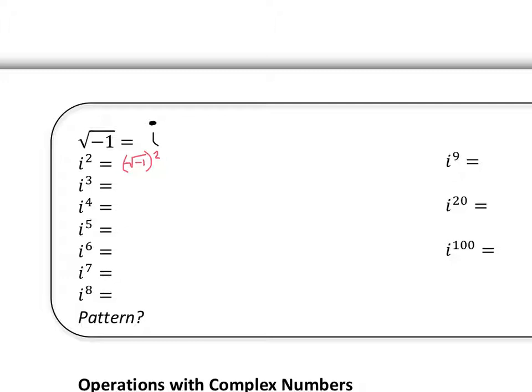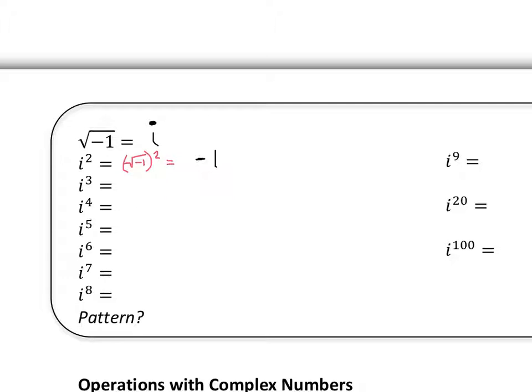Well, what happens between the square root and the squared? They cancel, and we're left with just what was inside, which is negative 1. So i squared equals negative 1. That's very good to remember, because anytime you have an i squared, just go ahead and make it a negative 1. We'll deal with that a lot tomorrow, or some tomorrow.